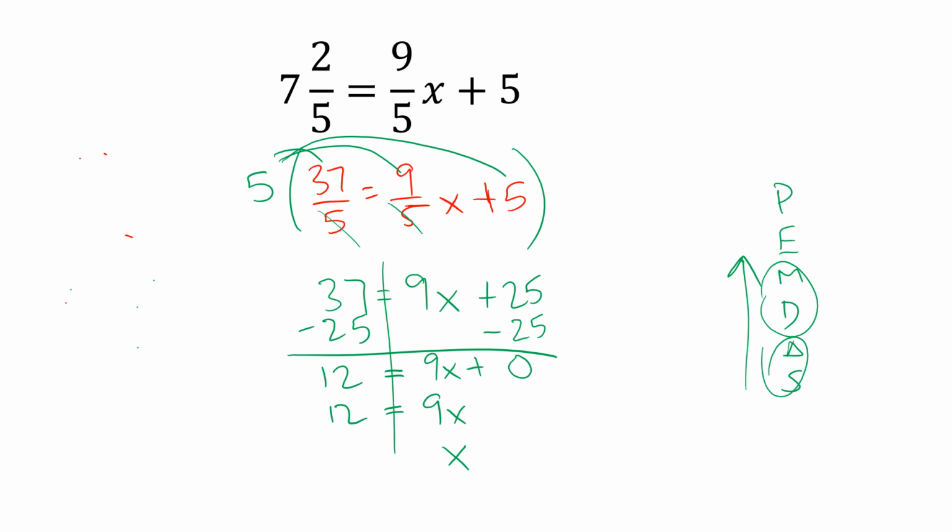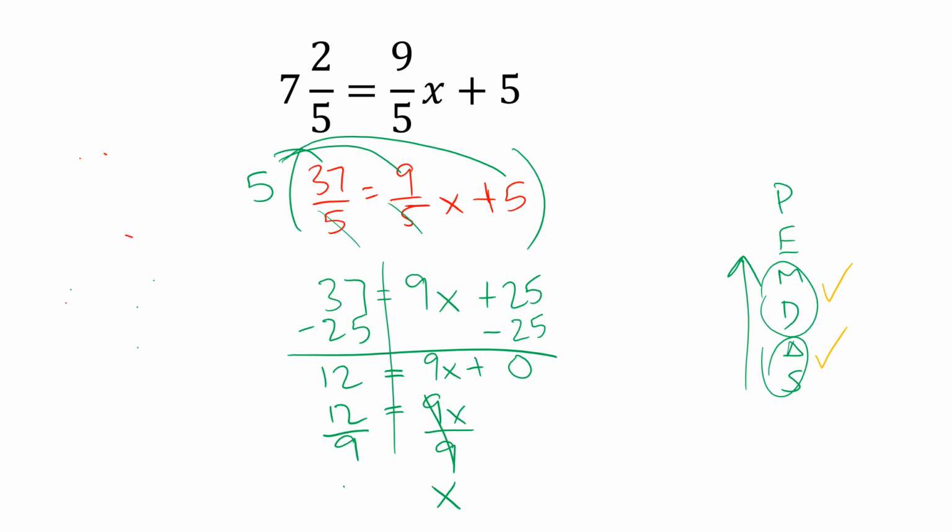I just cleaned it up. I want to get rid of that 0 there. I already completed that stage. I'm at this stage. I see that 9 is being multiplied by x. So I divide by 9 because I want these to cancel. I'm trying to get x by itself. So how many times does 9 go into 12?